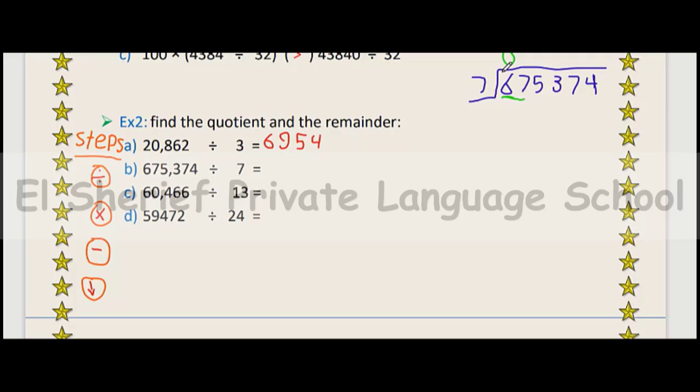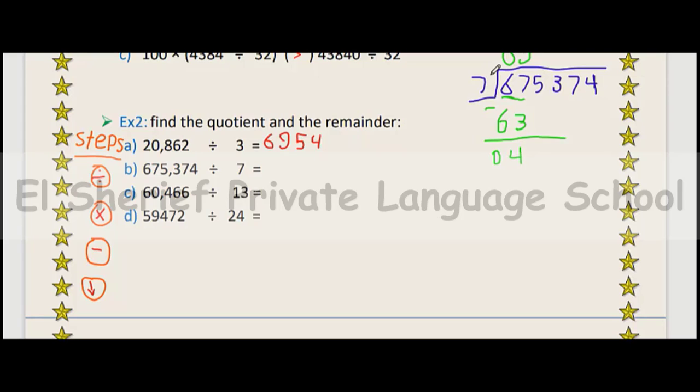As we know, 9 times 7 equals 63. 7 minus 3 equal 4, and 6 minus 6 equal 0.